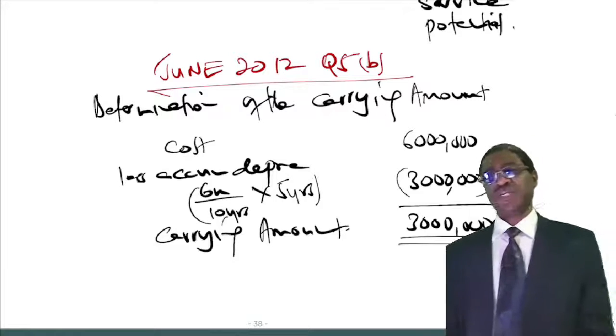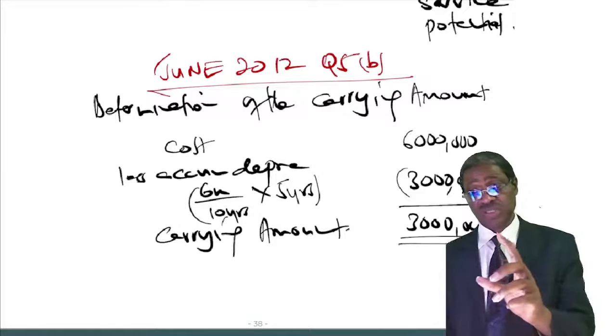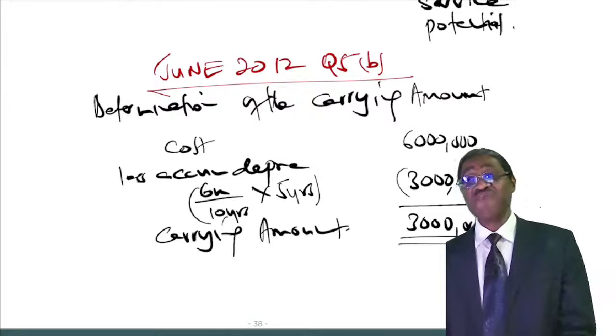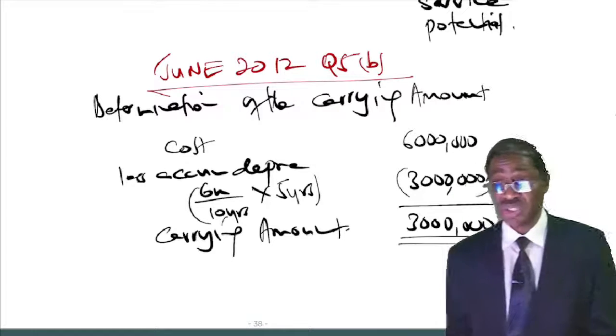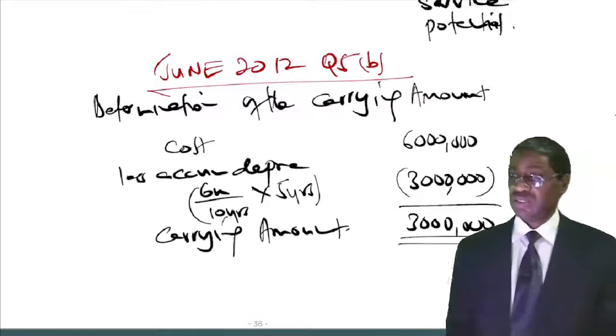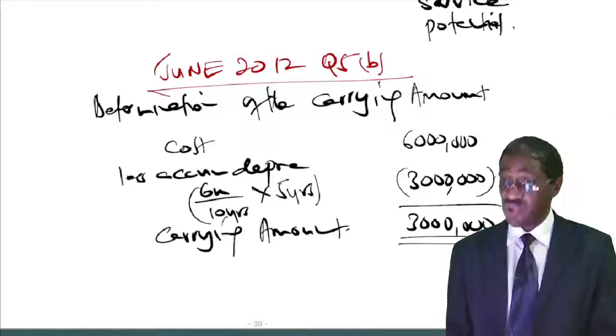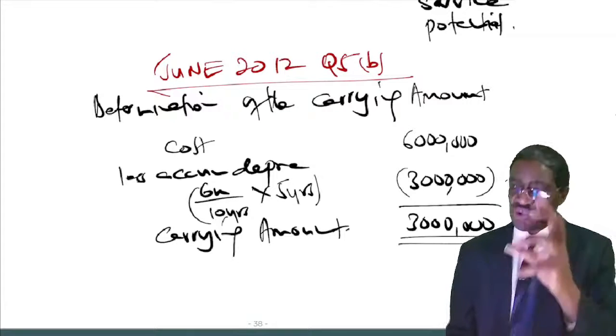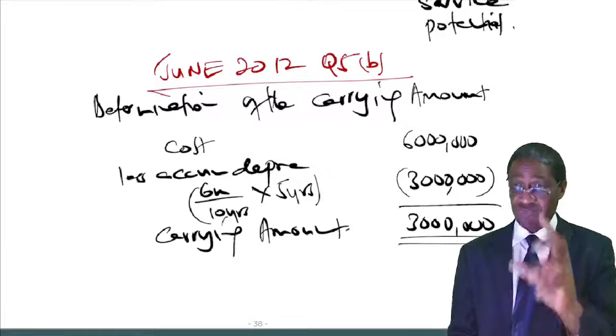Good. Now we know the carrying amount. Now we want to compute the value in use of that asset using a method we have been told, called the restoration cost method. Good.